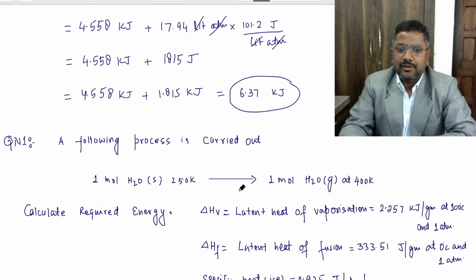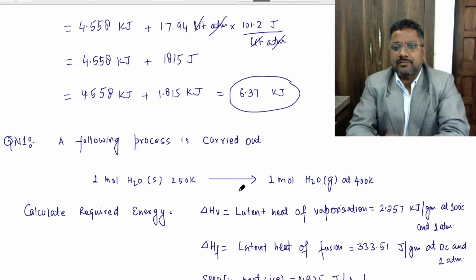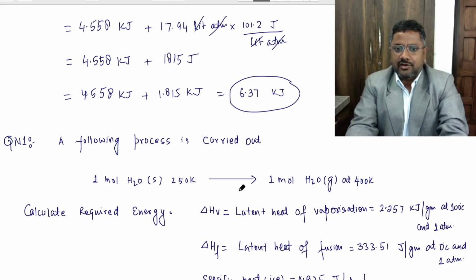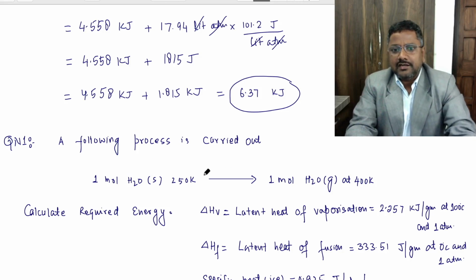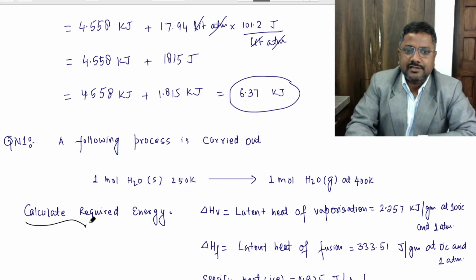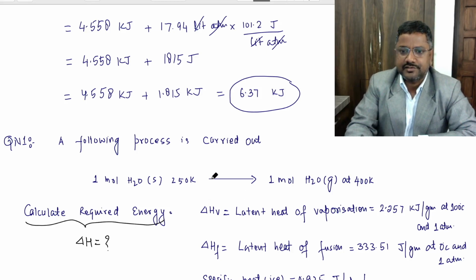All of you know that all such processes in the laboratory are performed under constant pressure, we always design constant pressure systems, not constant volume systems. So unless it is mentioned that it is a constant volume system, you have to calculate for constant pressure. Under constant pressure the required energy is calculated as delta H. So basically here you have to calculate delta H for this process.